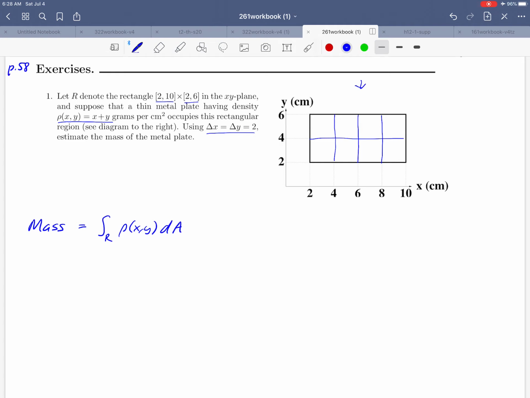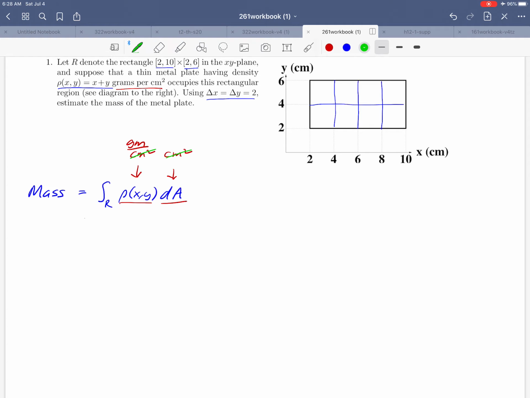What is rho of x, y measured in? In the problem they say grams per centimeter squared. That's multiplied by area, which has units of centimeters squared. If you cancel the units, you get grams, which is a unit of mass. That confirms that taking an integral is what we want to do here.